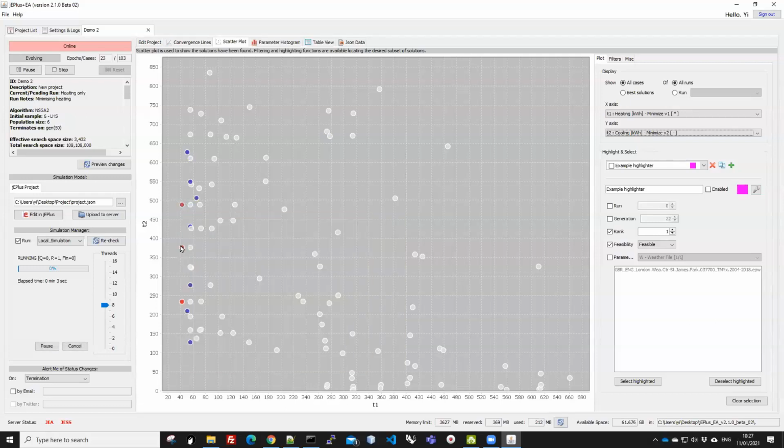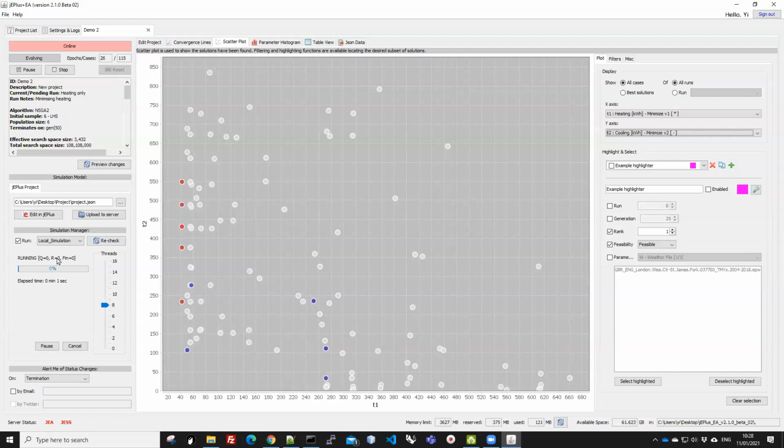And now the algorithm is using this new best solution, trying to figure out are there similar ones that give good results as well. The blue dots are the cases being simulated in the last iteration.